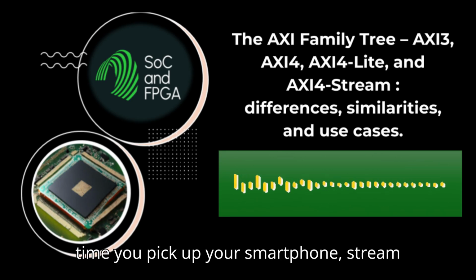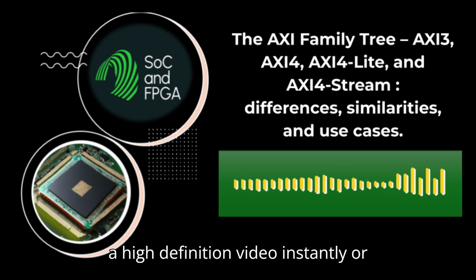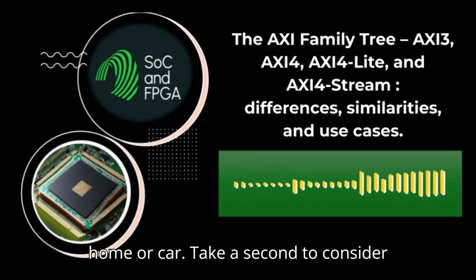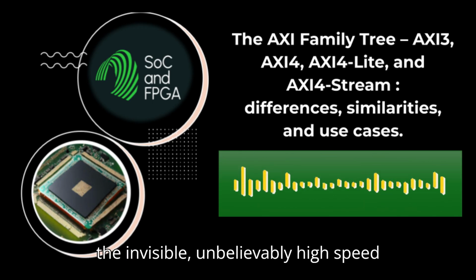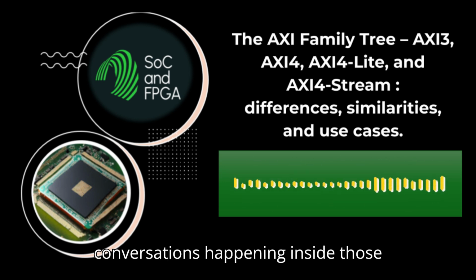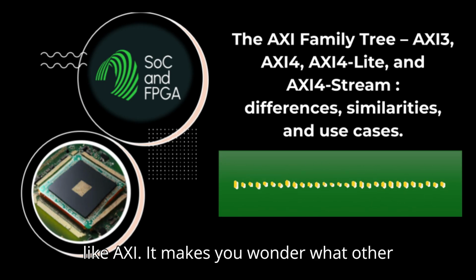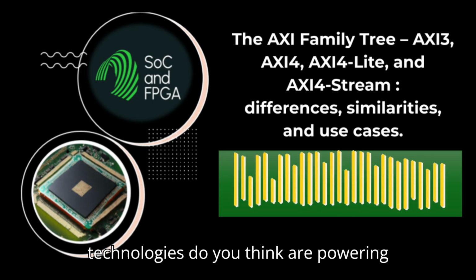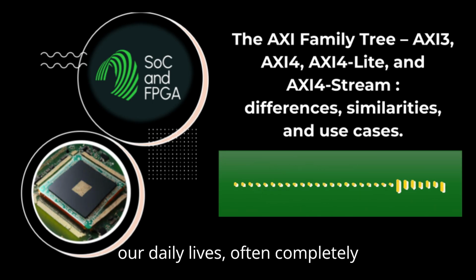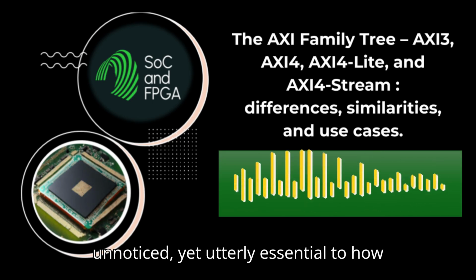Next time you pick up your smartphone, stream a high-definition video instantly or interact with any smart device in your home or car, take a second to consider the invisible, unbelievably high-speed conversations happening inside those chips, orchestrated by complex protocols like AXI. It makes you wonder, what other invisible but absolutely crucial technologies do you think are powering our daily lives, often completely unnoticed yet utterly essential to how things work?